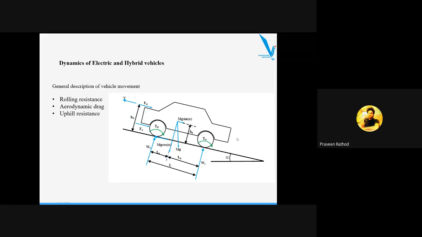We call it FD. A trailer is attached here and a force will act here, and its height will be HD. So we can consider the height of the vehicle from ground to CG, HG, and HD, and we can consider all the heights are equal. Okay, so these are the forces which are acting. Here this force is acting in the opposite direction.